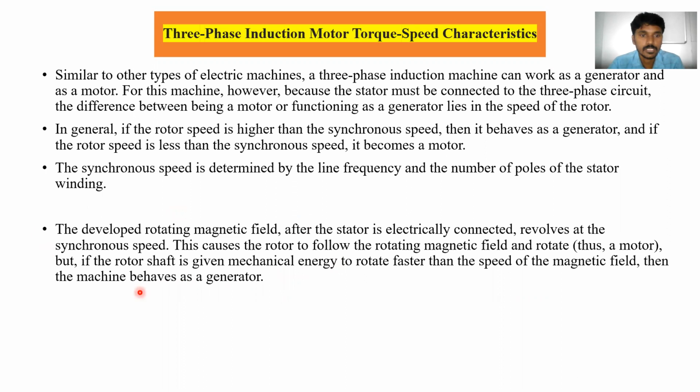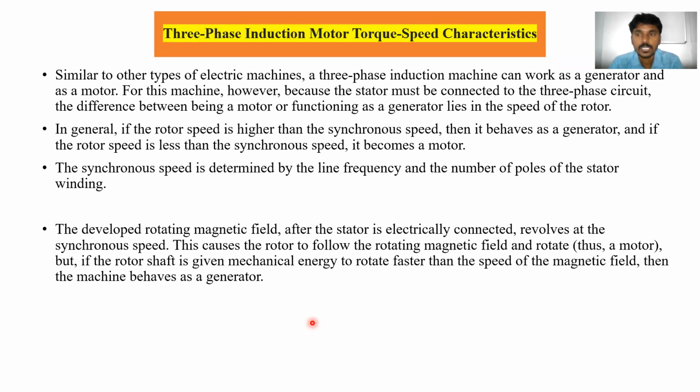So what is the meaning of this sentence? Simply, the stator circuit is connected to the three-phase supply. By connecting the three-phase supply to the stator winding, a magnetic field is produced and it rotates in the air gap. This is called the rotating magnetic field.